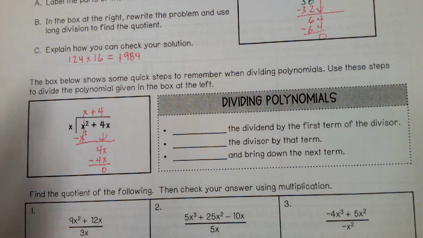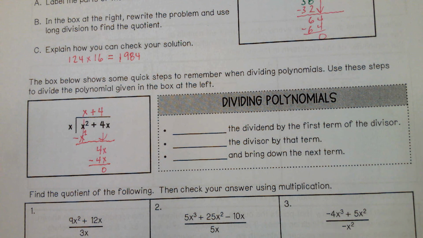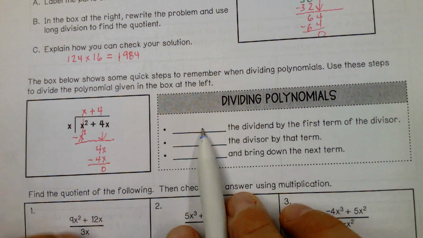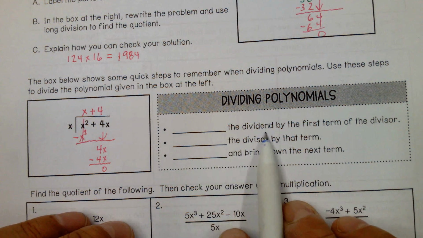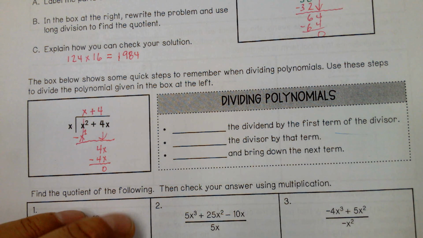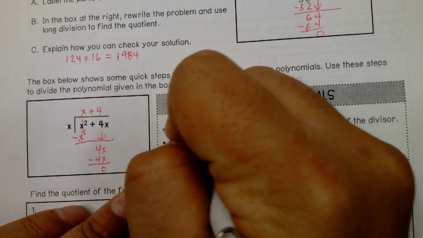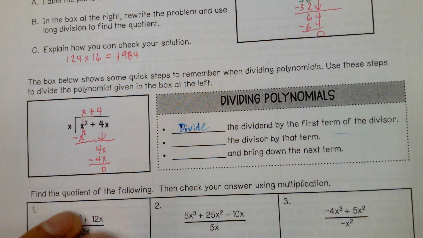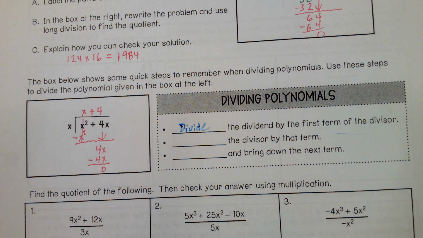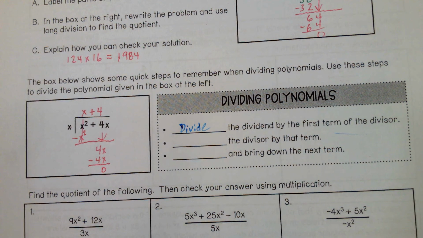Okay. All right. So let's go through these steps, guys. First we divide the dividend by the first term of the divisor.